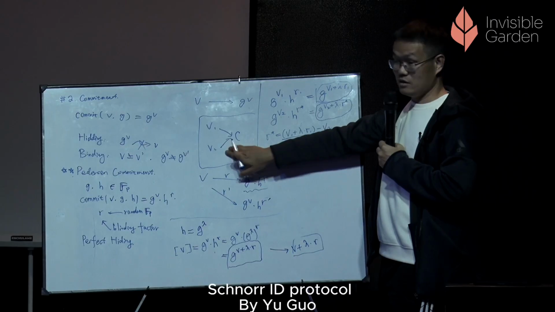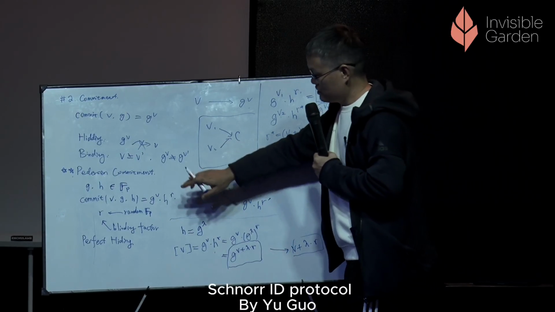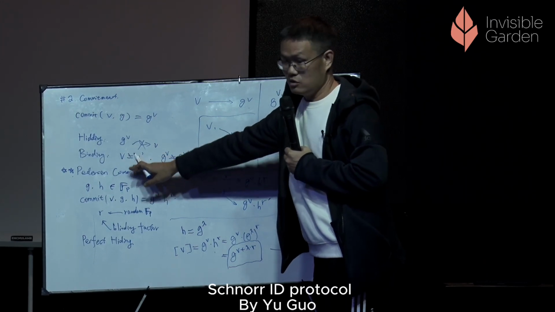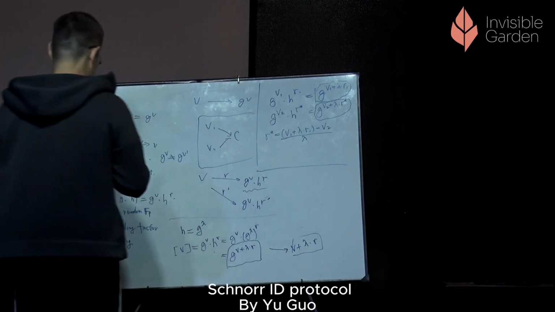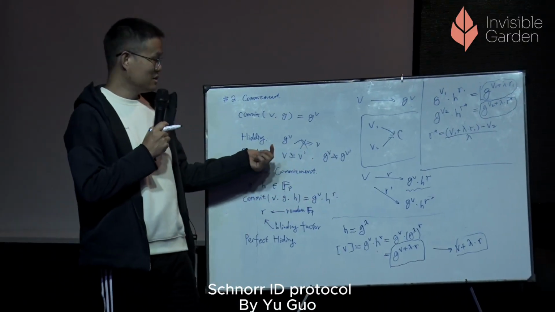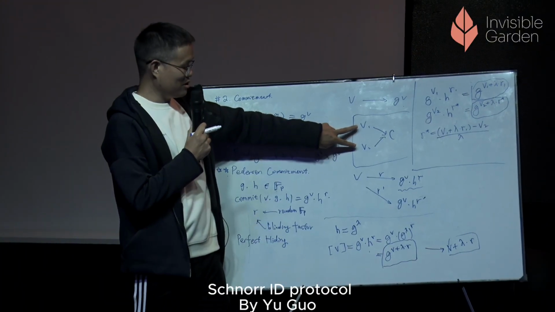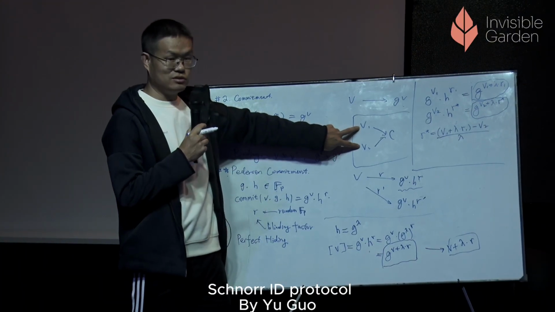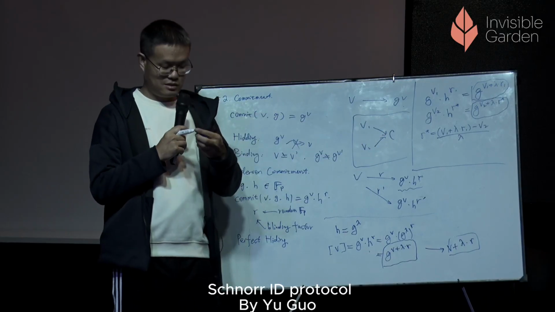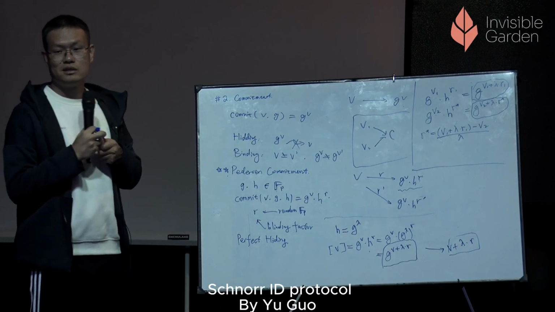So this breaks the second property of the commitment scheme, binding. It doesn't satisfy the binding property because the prover or committer can commit two different values to the same commitment. So this is very dangerous.